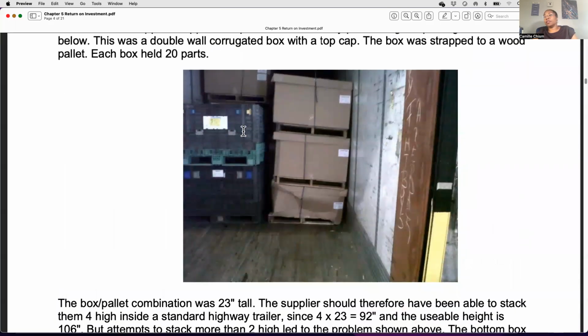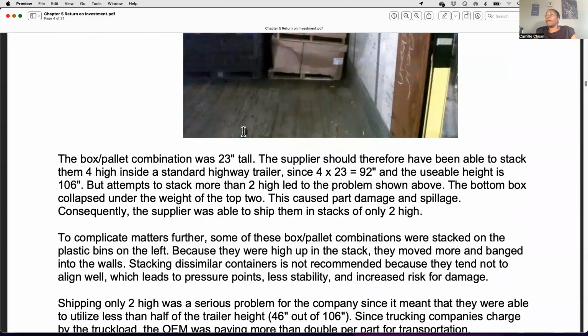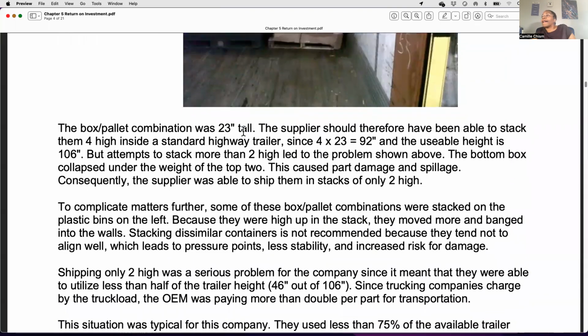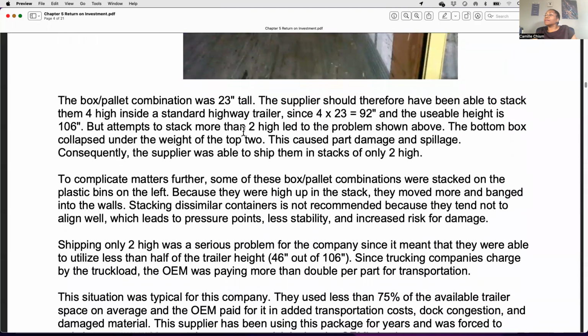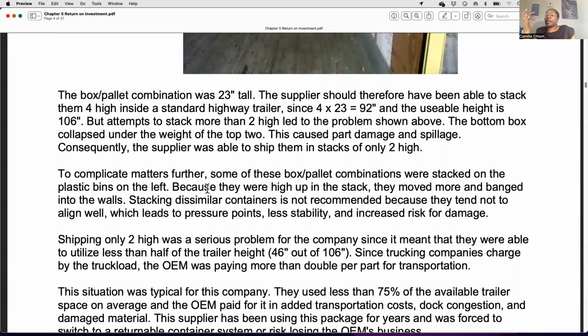So you're seeing damage and rubbing of the trim parts. So again, stacking the containers, stacking the pallets that don't match or aren't made to nest, or they're not modular, can cause potential for damage.